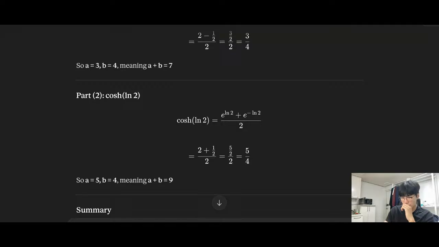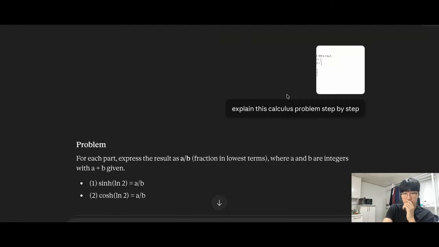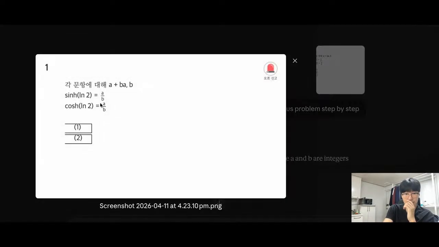No. So the baseline should be 2, and 4 plus 1 equals 5/2 over 2. So we did the same thing, 4/5. So the same goes here. So A is 5 and B is 4. So we do A plus B.